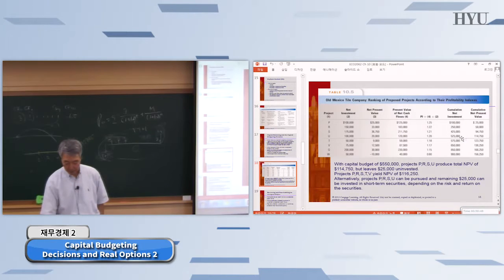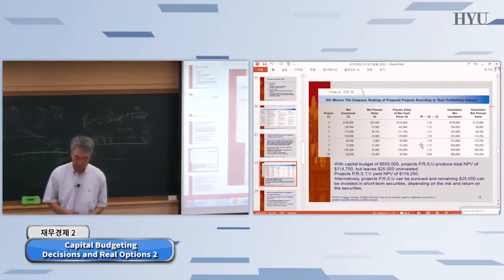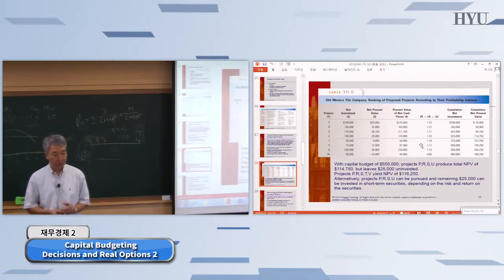And here that line comes between 525 and 575. So normally you would accept projects P, R, S, U, and then you have $25,000 remaining. And what can you do with that $25,000?